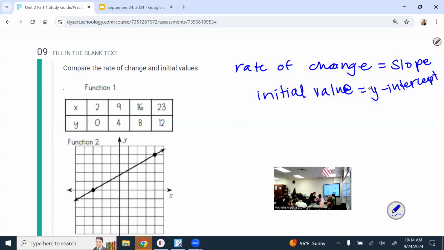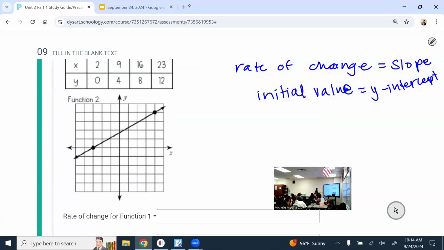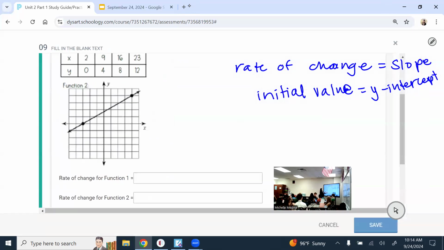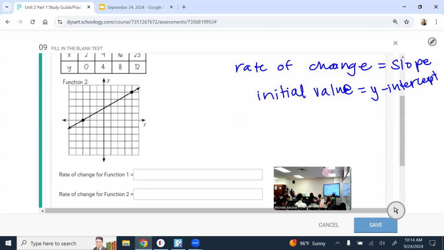This one really is only focusing on rate of change if you look at where you have to input stuff. But if you want to compare rate of change, we're talking about comparing the slope. If you want to compare the initial values, we're talking about comparing the y-intercepts. Let's start with this graph first, because that you should recognize from this unit. How do you find rate of change or slope on a graph? What's the formula for it on a graph?